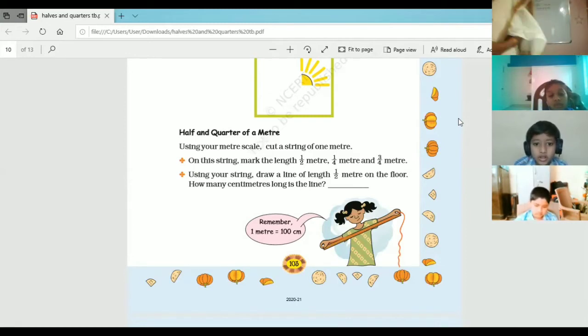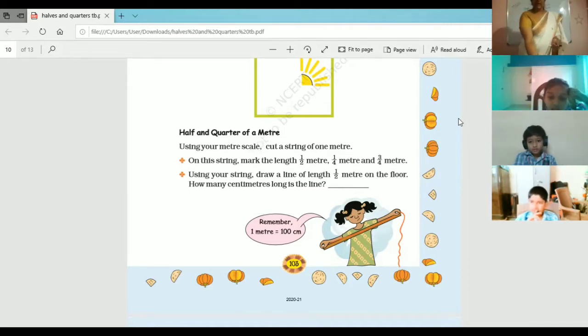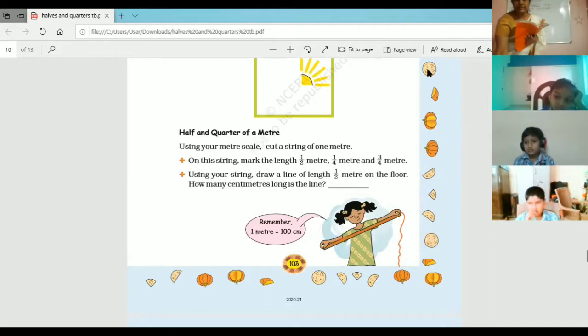Using your string, draw a line of length 1/2 meter on the floor. How many centimeters long is the line?